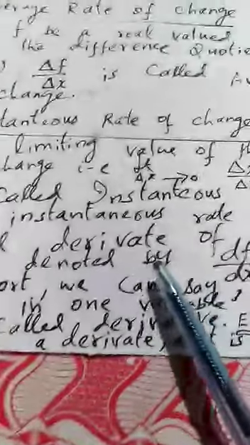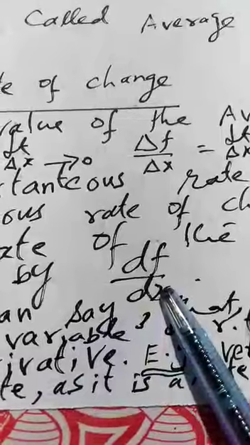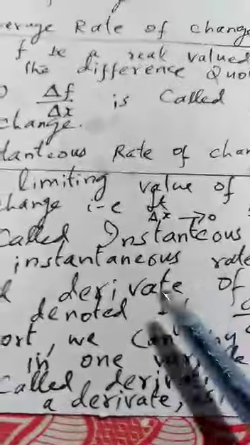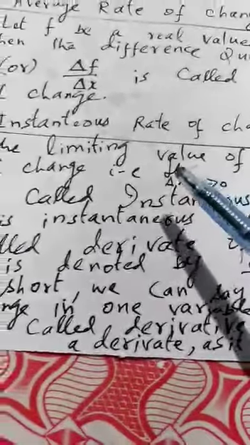It is called derivative of the function which is denoted by df over dx, that is derivative of f with respect to x, change in f with respect to displacement variable x. Okay. So instantaneous rate of change, we have to take the limit with the average rate of change. This is actually average rate of change. I mean, when you take any limit, this becomes instantaneous rate of change, and this instantaneous rate of change is actually called derivative.